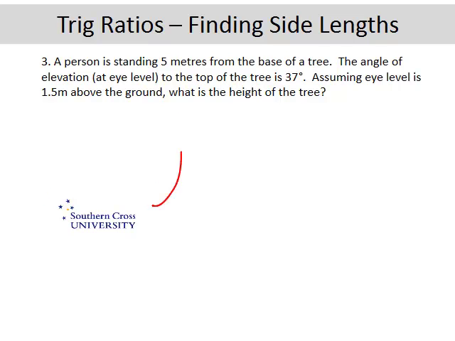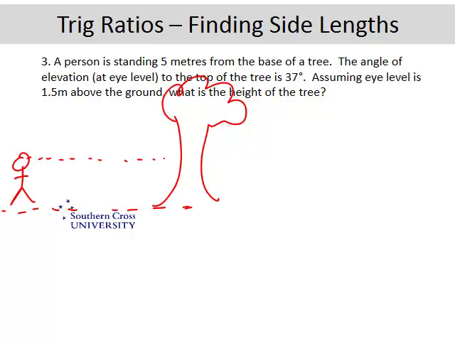So we'll have our tree and we have our person, and we'll have to assume that the ground is horizontal. So we'll draw a horizontal at eye level. And we said the person was 5 metres from the base of the tree, so that's 5 metres there as well.